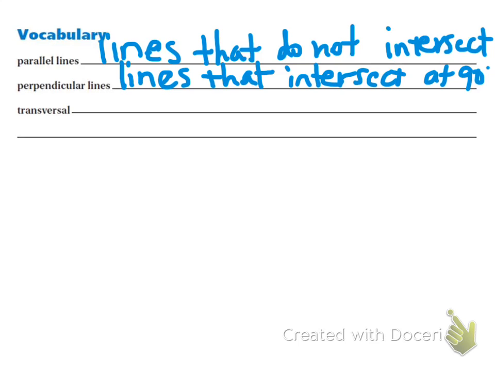Perfect. And then the transversal, this may be a new word that you learned today. A transversal is a line that intersects two or more lines.